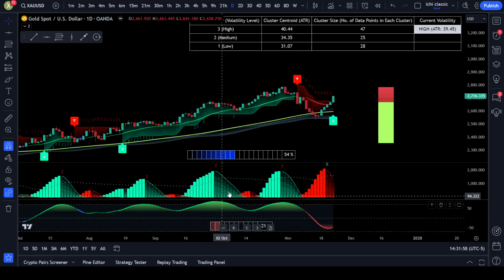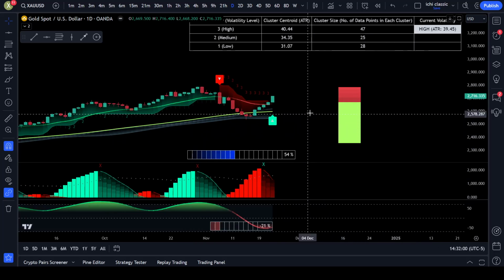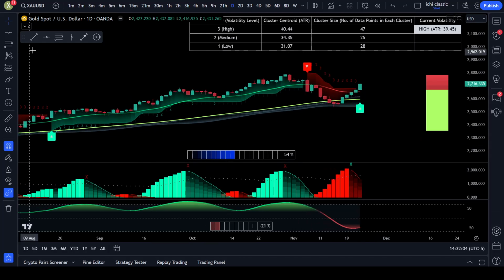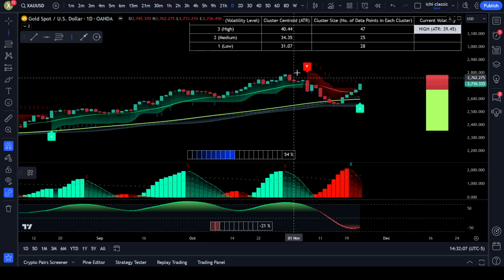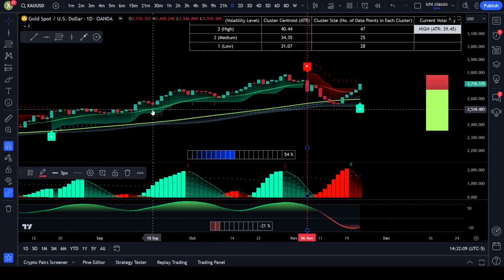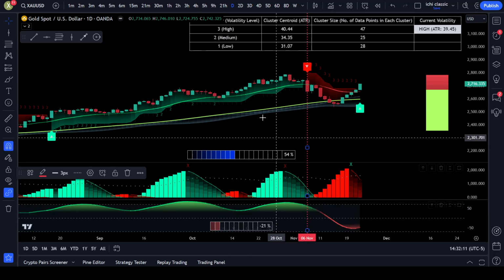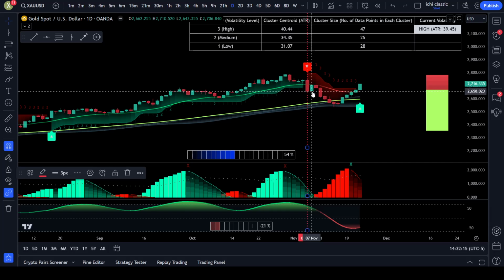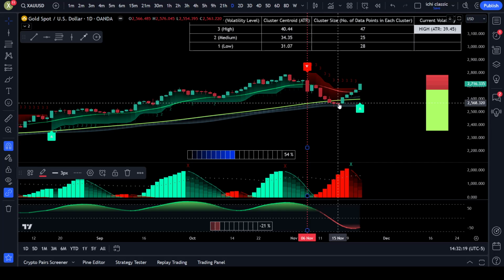Now this did show as a sell, which is at this level here. And this sell was at this level here. And it's not really a sell until it's here.